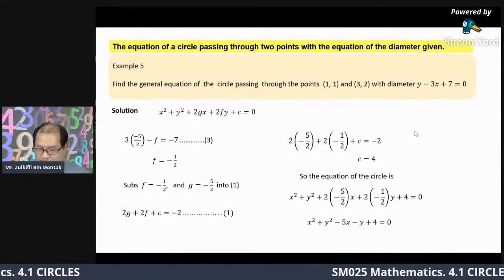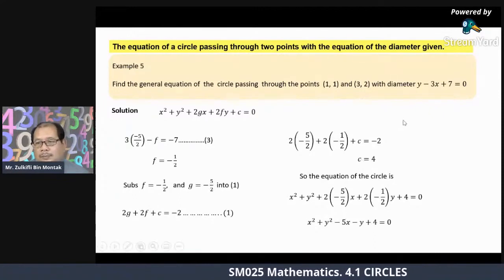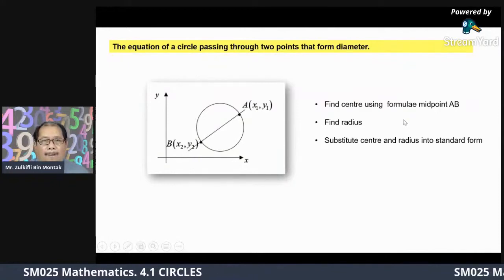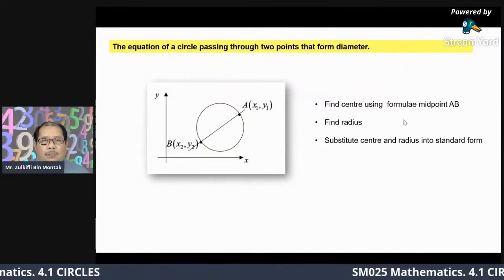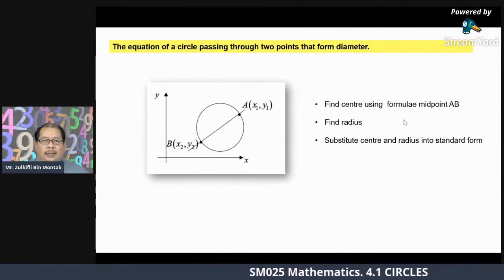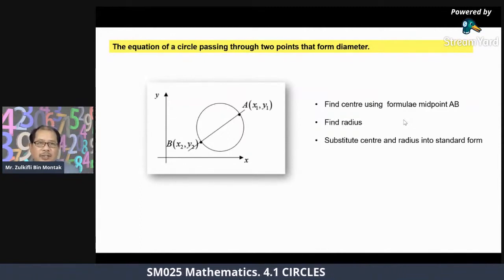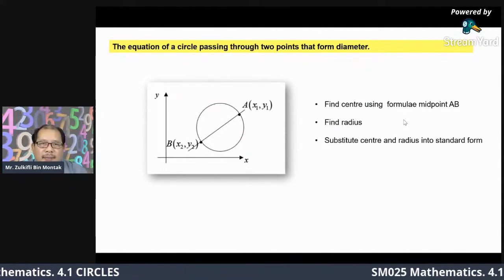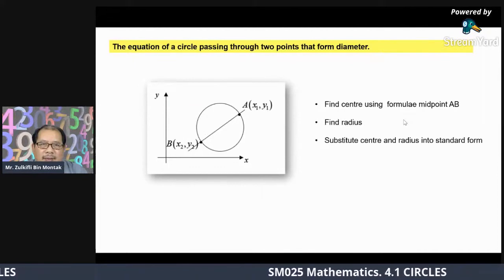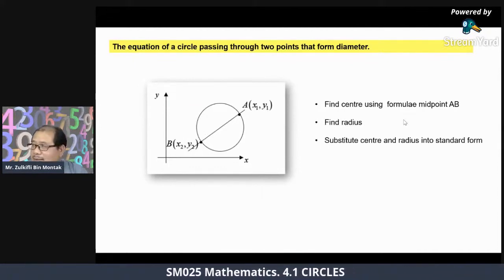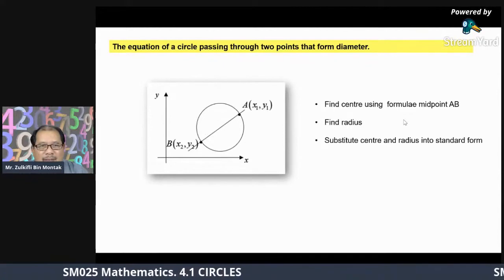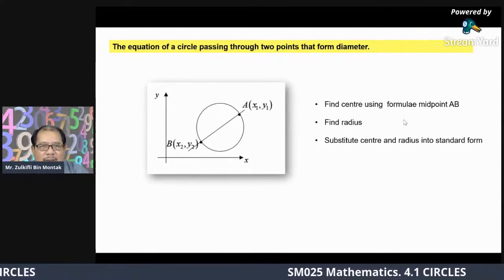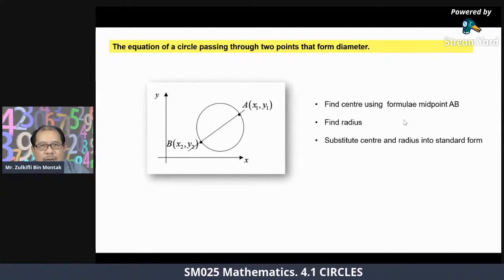Okay, next we go to how to find the equation of a circle if the circle passes through 2 points that form a diameter. Let's say we have a point A, (x1, y1), and a point B, (x2, y2).